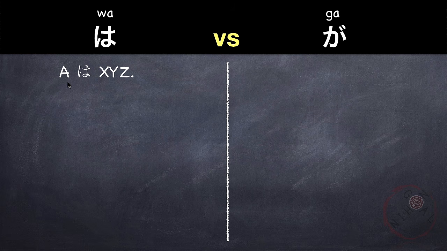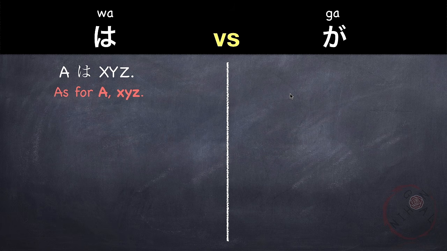What comes after nani nani wa is the information regarding the topic. XYZ is giving information or explaining about A. It could be another noun, an adjective, a verb, or a location. We could translate this as "for A, XYZ." So here we are really focusing on the information that comes after nani nani wa.